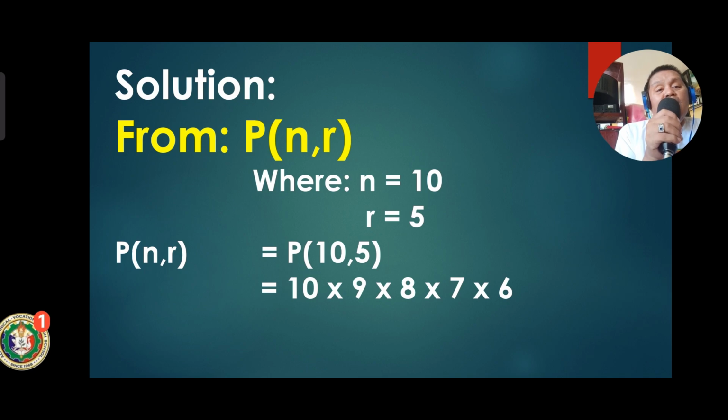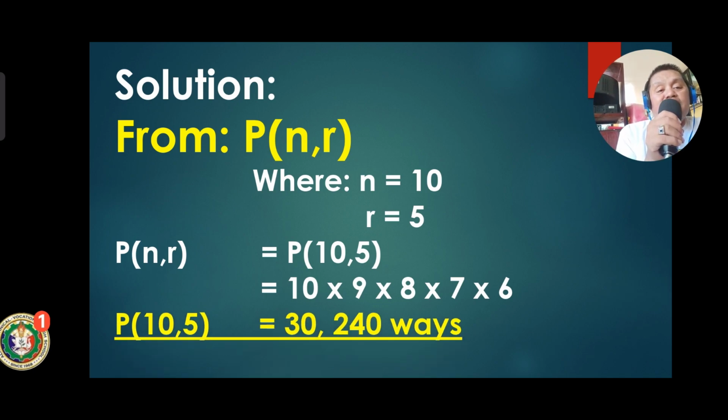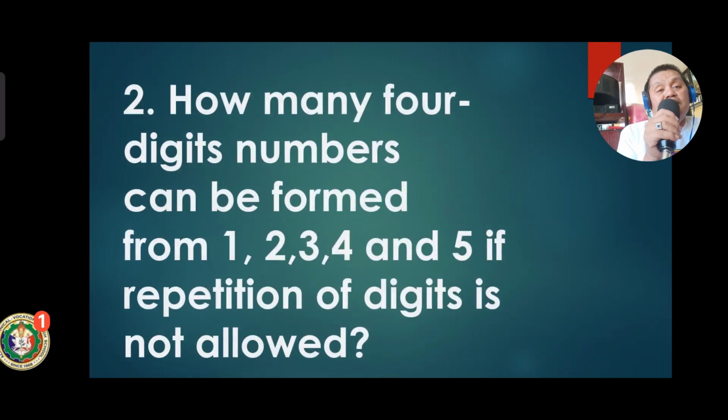So the permutation of 10 patients taken 5 rooms at a time will be equal to 10 times 9 times 8 times 7 times 6. That will be equal to 30,240 ways. And we have checked that using the fundamental counting principle.